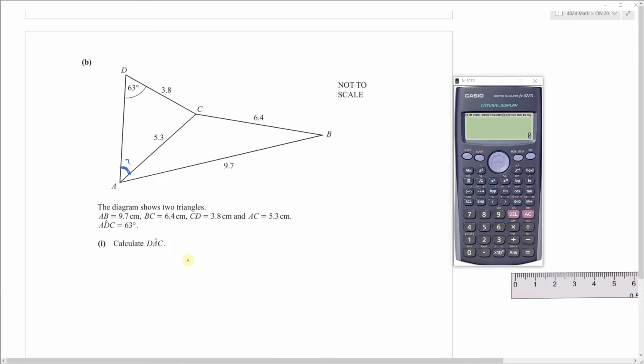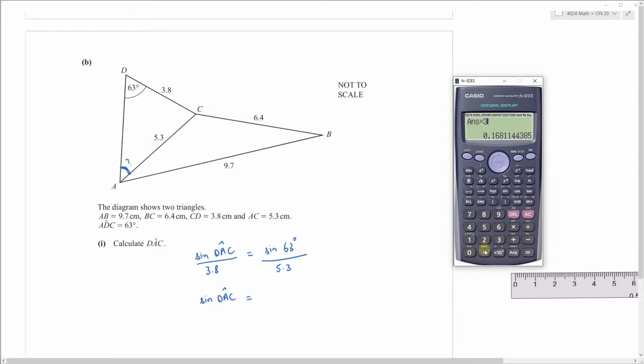So using the sine rule, I will have sine of angle DAC divided by the length opposite, which is 3.8, equals sine of this angle 63 divided by the length opposite, which is AC here, which is 5.3 centimeters. So sine of angle DAC will be sine of 63 divided by 5.3, and then if I take this 3.8 to the other side, it will be multiplied.